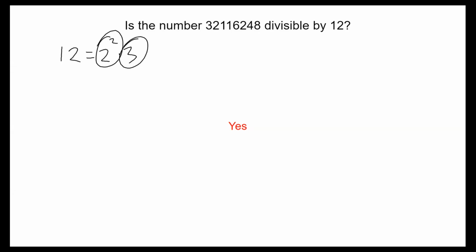This number is divisible by 4 because, using the rule, the last two digits, 48, are a multiple of 4. Now we check if it's divisible by 3. When we add all of these digits together, the 3 here doesn't change the end result. The 6 here doesn't change the end result because it's a multiple of 3. 2 plus 1 is 3, which doesn't change the end result. 1 plus 2 here is 3, and 4 plus 8 is 12, which is a multiple of 3. So since it's divisible by both 4 and 3, it must be a multiple of 12. So the answer is yes.